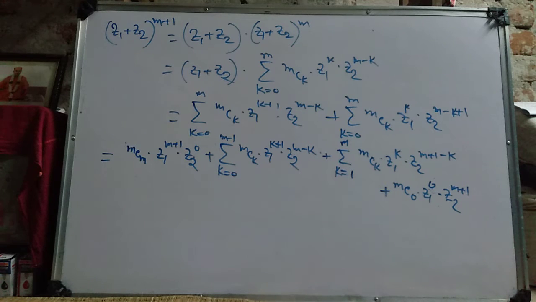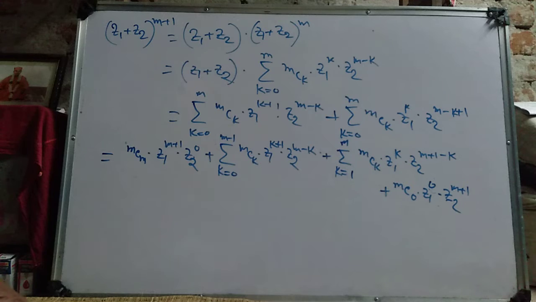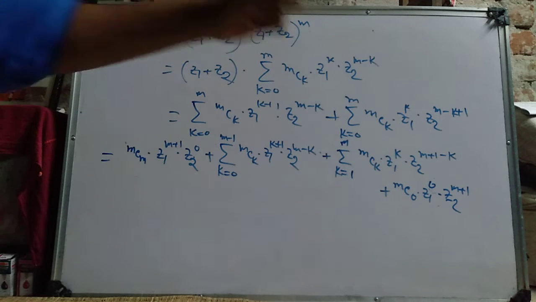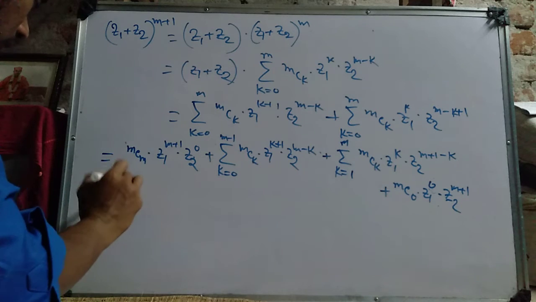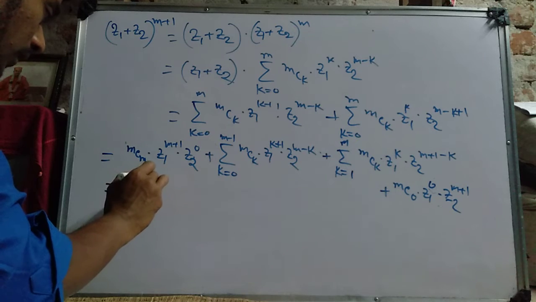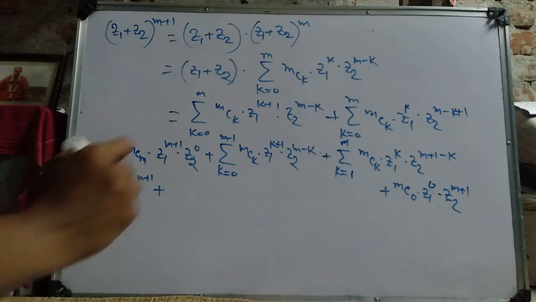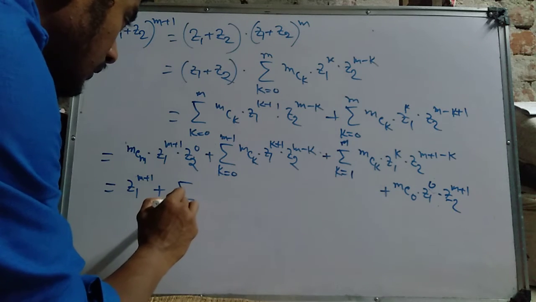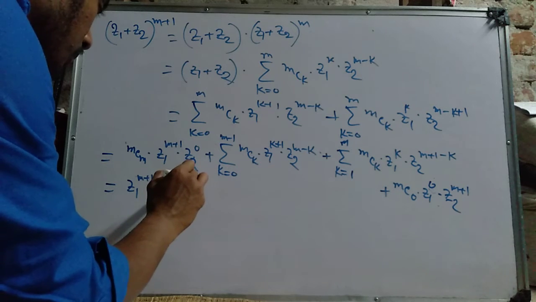Okay, so there is some mistake in the first portion, but we correct it right now. We also put here m and here 0, and otherwise the portions remain the same. So what we get, mCm equals 1, then z1 to the power m plus 1 plus, here, k equal to 1 to m.